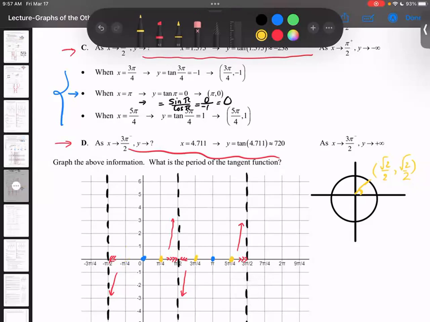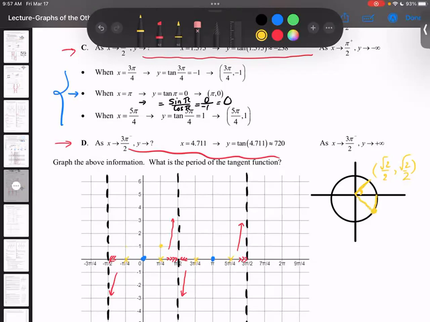Let me move this one up a little bit. What is tangent of negative pi over 4? Using symmetry, if this is pi over 4, then for negative pi over 4 you go clockwise, you go down like that.